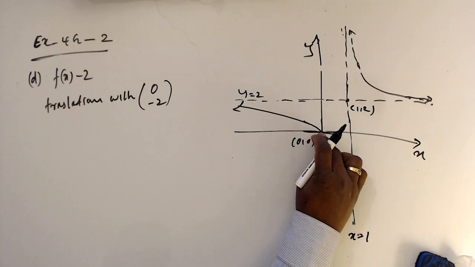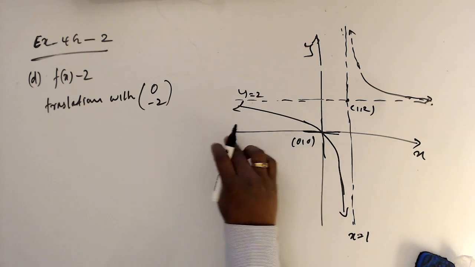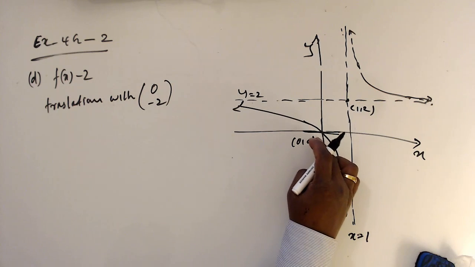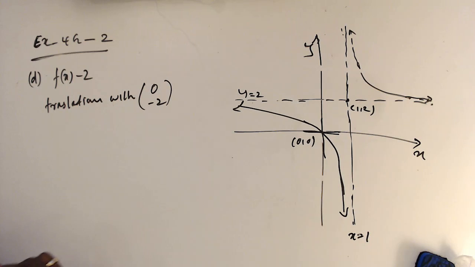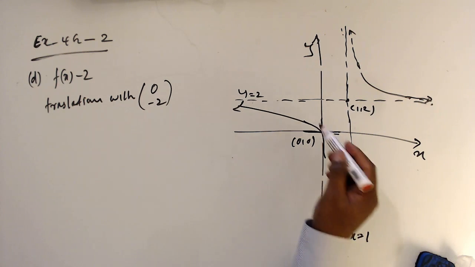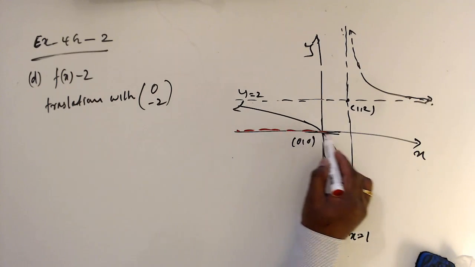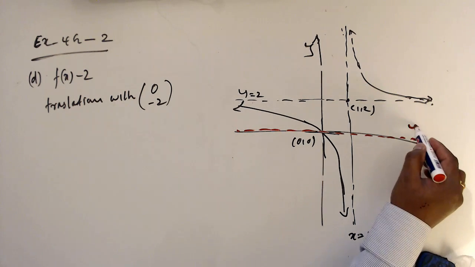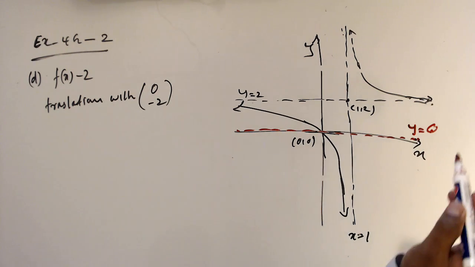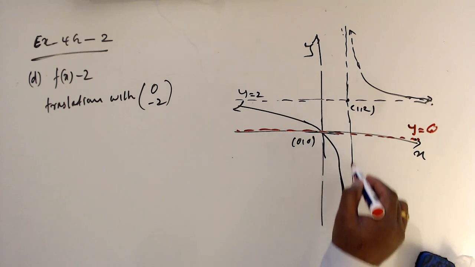The new asymptote will be the y equal 0 line, which is the x-axis, and this point is going to be down. Bring the system down by 2. Now the new asymptote is y equal 0.